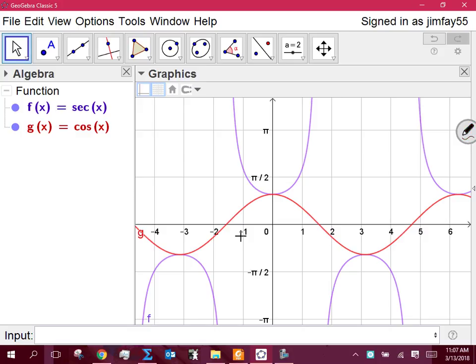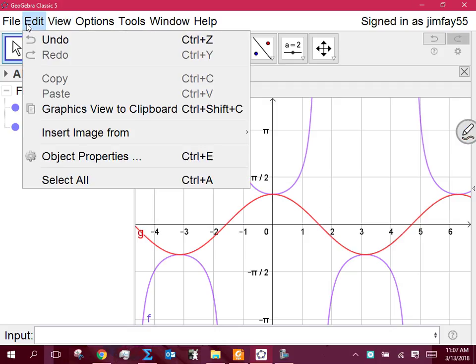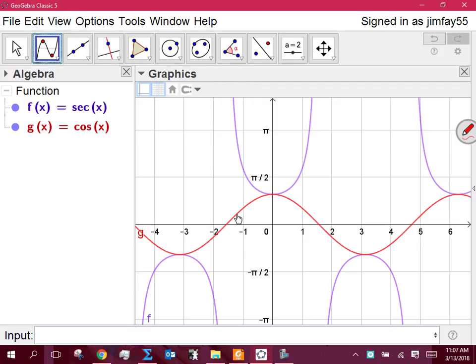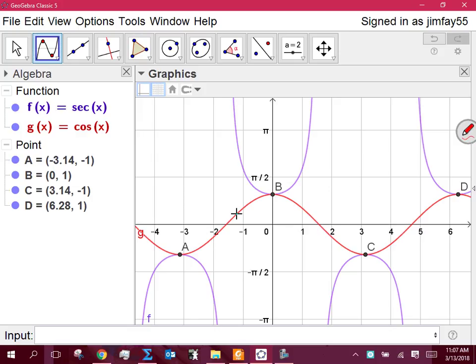If I ask GeoGebra to give me the extremum, the local maximums and minimums of the sine and cosine curves, it gives me the maximums and minimums of that curve as A, B, C, D. Then if I ask it to give me the extremums of the secant, you see that they essentially repeat themselves.